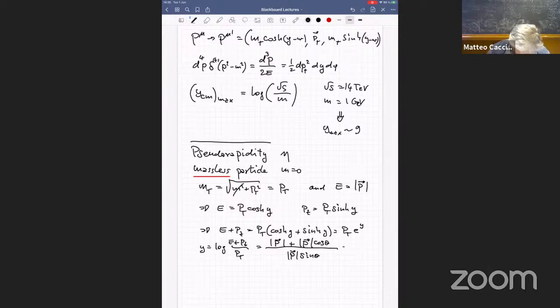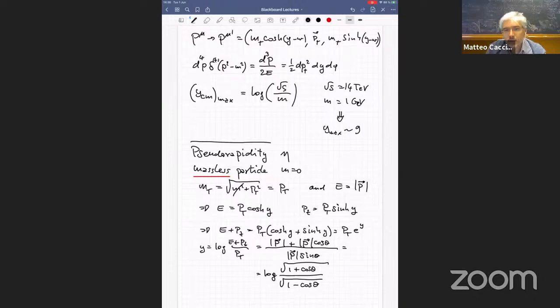And you can show fairly easily using standard manipulations that this is log of square root of 1 plus cos theta divided by square root of 1 minus cos theta. It just takes a few manipulations of trigonometric quantities.